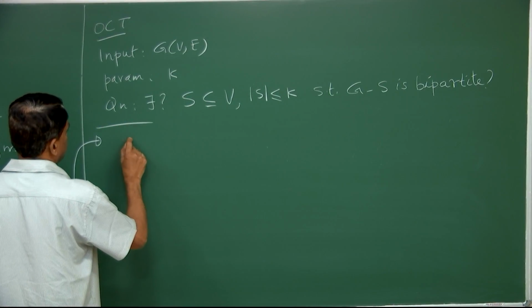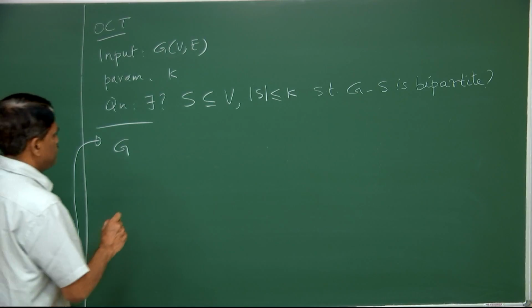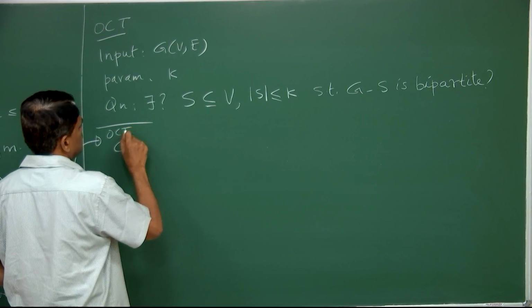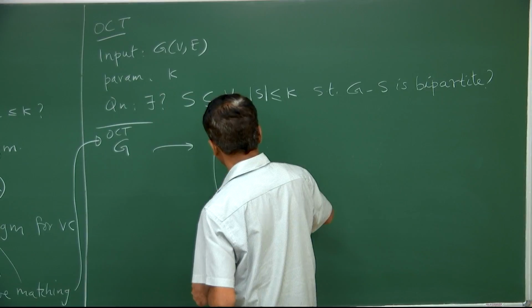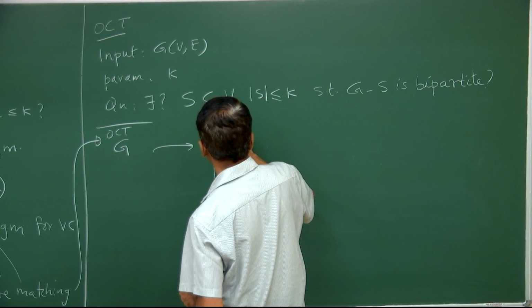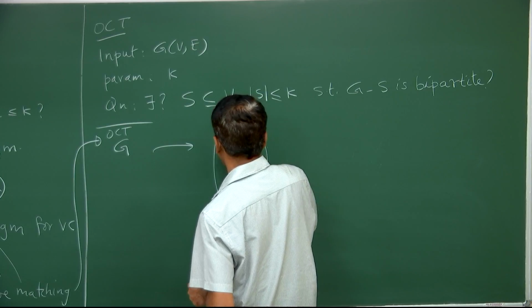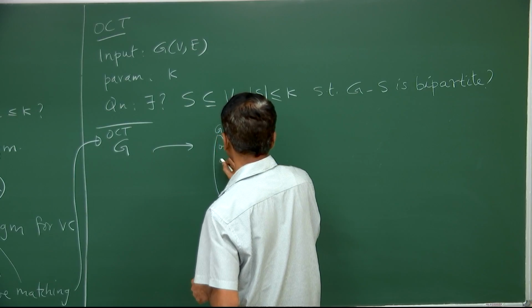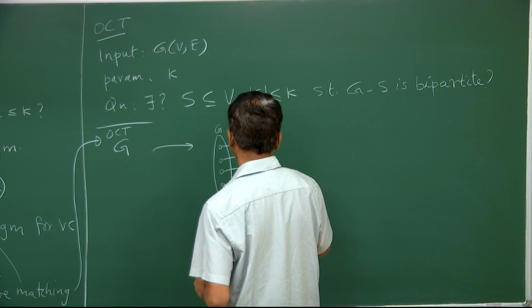So here is my graph where I want to know whether there are k vertices whose removal makes it bipartite. So this is an OCT instance, and we're going to reduce it to G prime, which contains 2 copies of G, and I add the edges between the corresponding copies of these vertices.